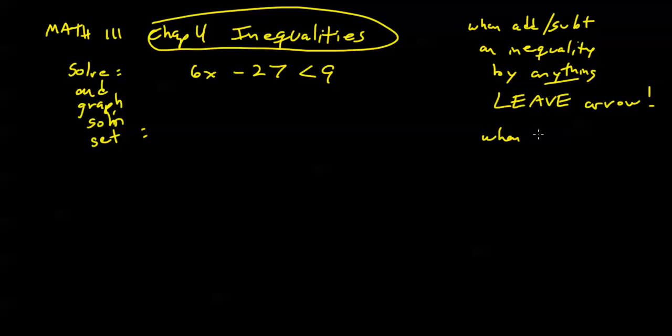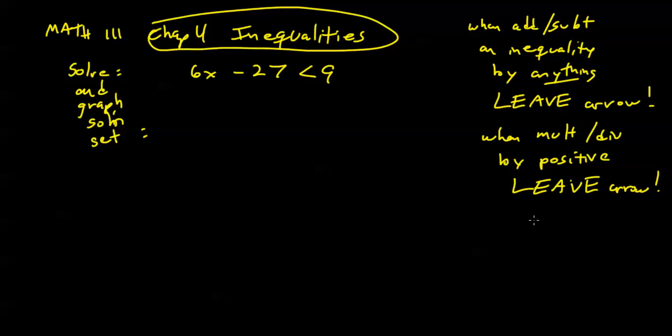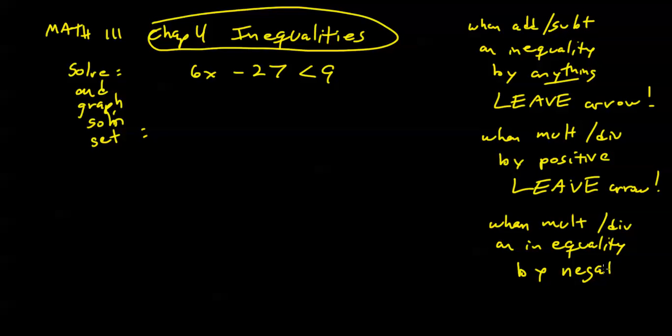When you multiply or divide an inequality through by a positive quantity, you leave the arrow. It's only when you multiply or divide an inequality through by a negative quantity, then you reverse the arrow. Alright, so please be aware of that.